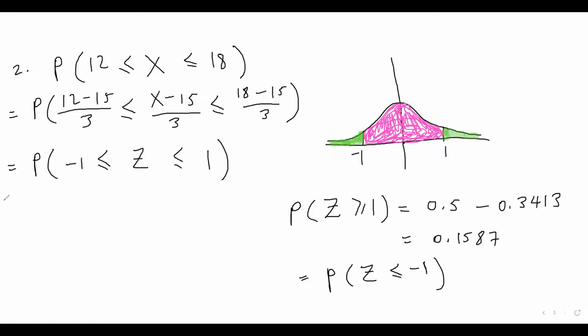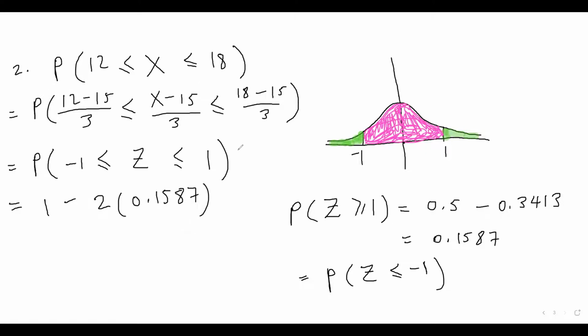So therefore, this means that now the probability that Z is at least -1 and at most 1 is equal to 1 minus 2 times 0.1587.